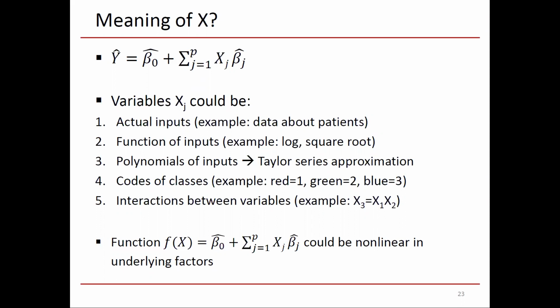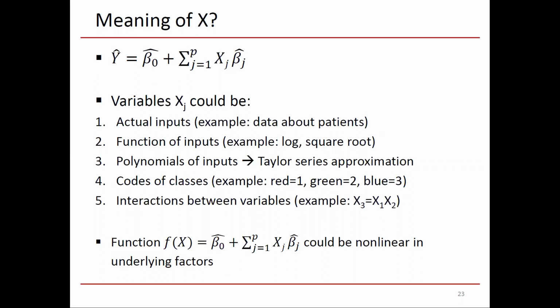But now let's ask, what could those xj's be? They could be the actual inputs. Imagine that we have patients and we're trying to predict, will you have a heart attack or not, or how severe will it be, etc.